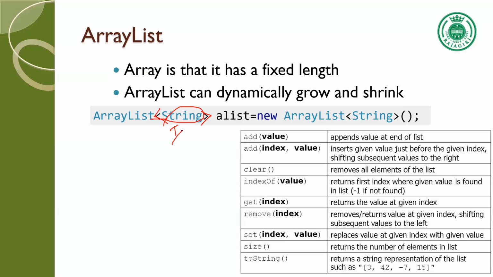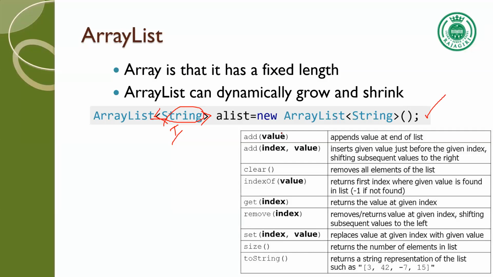The data type you write inside, you will be able to create such an array list. So ArrayList, data type in angular brackets, list is equal to new ArrayList, data type in angular brackets, and then the open bracket, close bracket. This is how you create not only ArrayList, be it whichever collection, this is how you create a collection class.